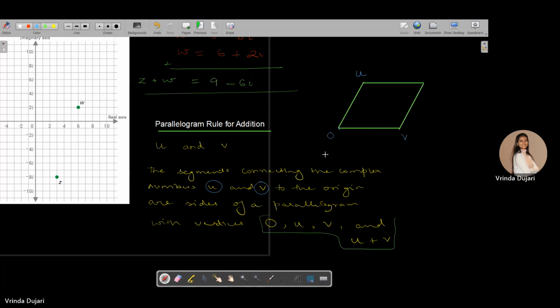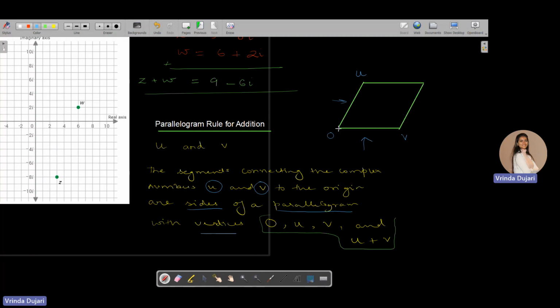Now, this segment is one segment which is connecting u with the origin, and this is another segment which is connecting v with the origin. Okay. So these two segments are sides of a parallelogram with vertices 0, u, v, and u plus v.